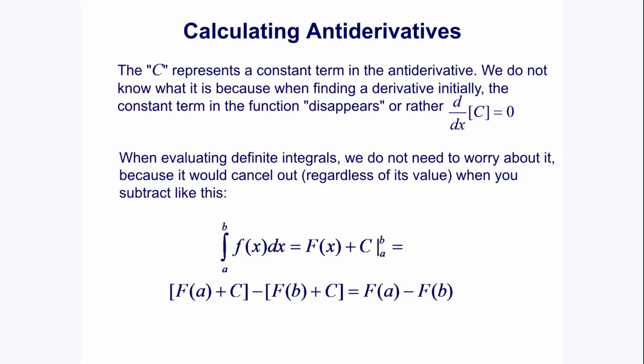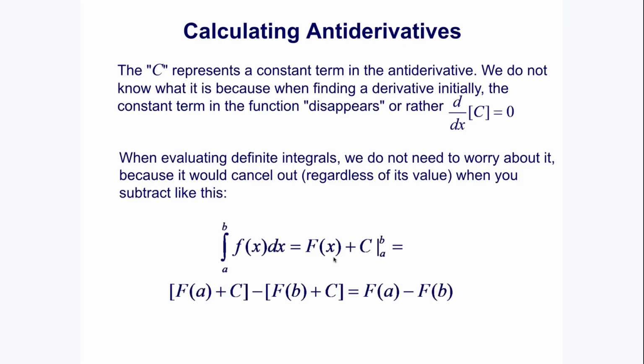When we do antiderivatives with limits, that constant doesn't really matter. You're going to see when we do this expression that the constant c ends up canceling out. So if I integrate my function with respect to x, I get my new function, which is the antiderivative function, capital F of x.